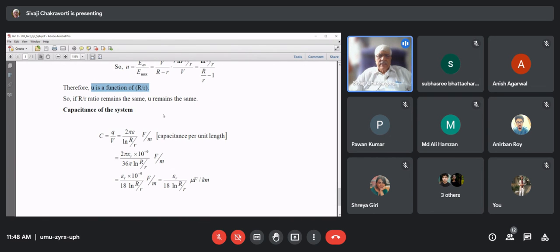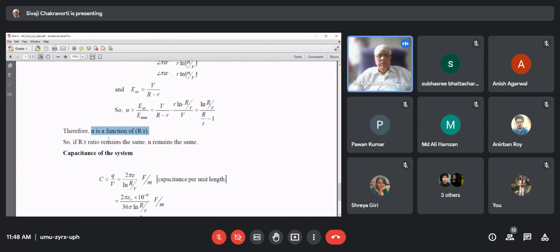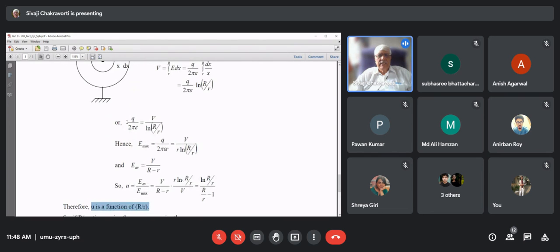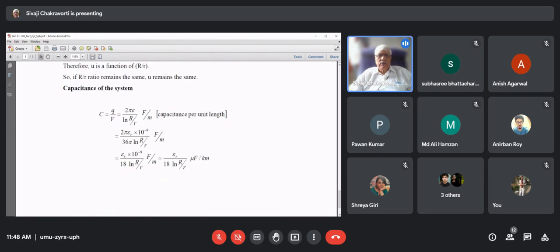And what about the capacitance of the system? It's the same, that C is Q by V. So from here I can get it, but here capacitance will come as capacitance per unit length because it is a cylindrical system. So it is farad per meter or microfarad per kilometer; typically we use microfarad per kilometer for cables.